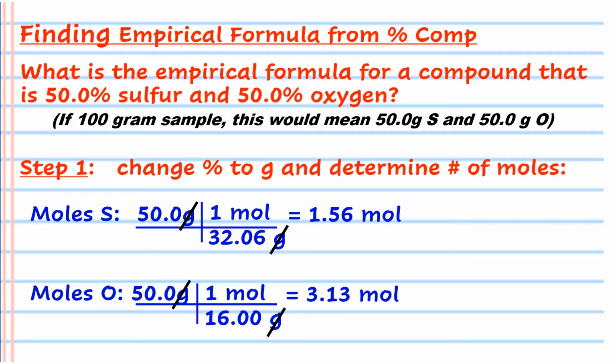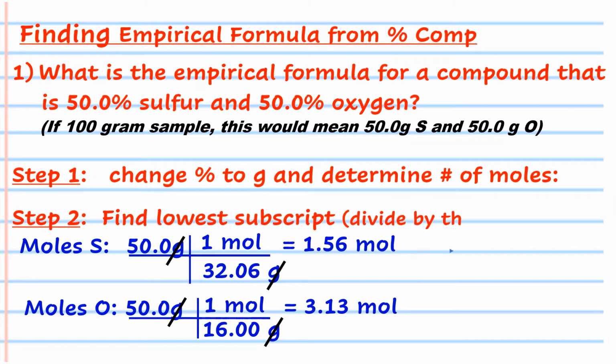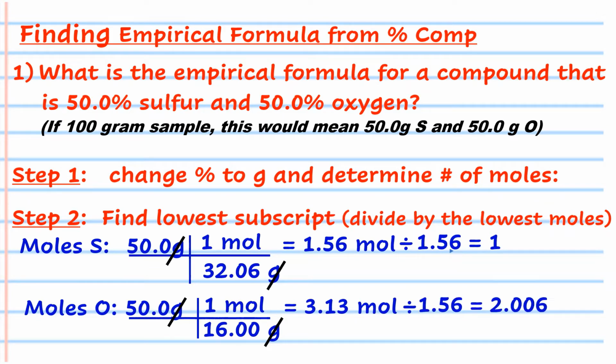And that comes out to be 3.13 moles. Now we're going to use the mole amounts to determine the smallest subscript. And we do that by dividing both moles by the lowest mole number, which in this case is 1.56. 1.56 divided by itself is 1, and 3.13 divided by 1.56 is going to be 2.002.